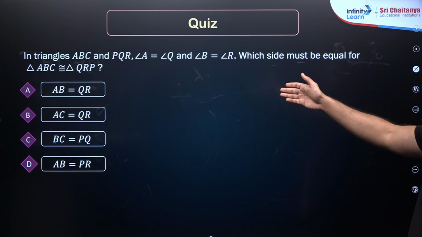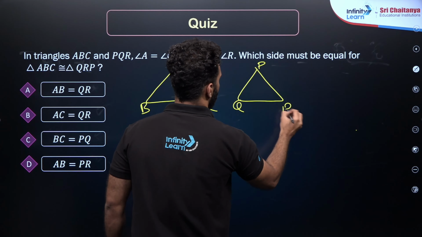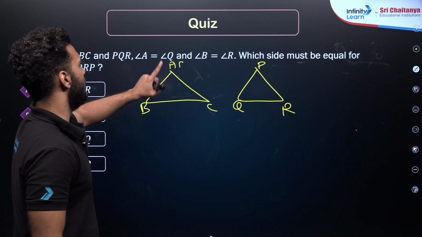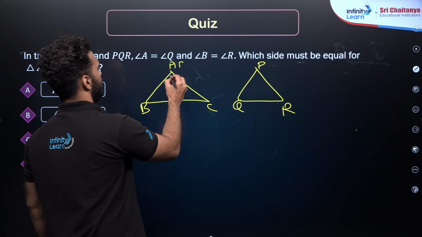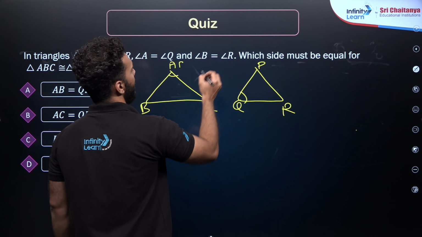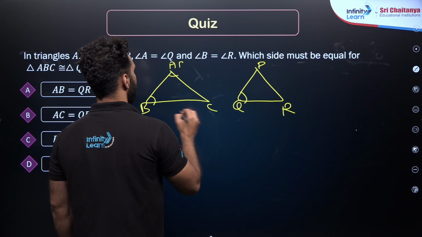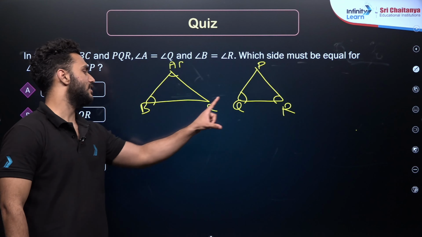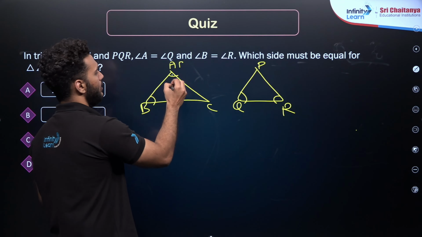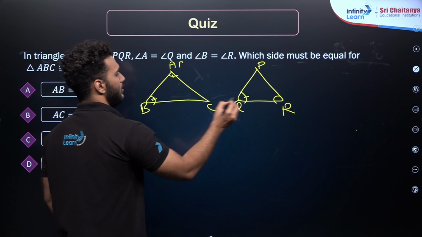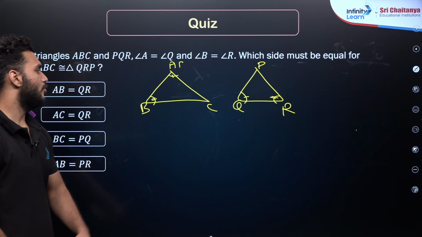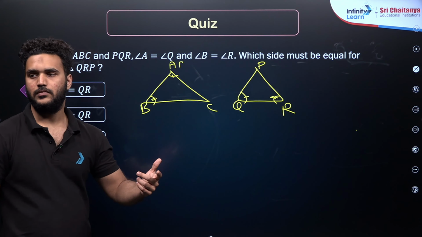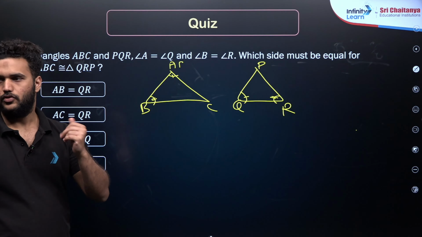We have triangle ABC, and we have triangle PQR. Angle A is equal to angle Q. Angle B is equal to angle R. If somehow you prove that BC is equal to PR, then by AAS you can prove it.